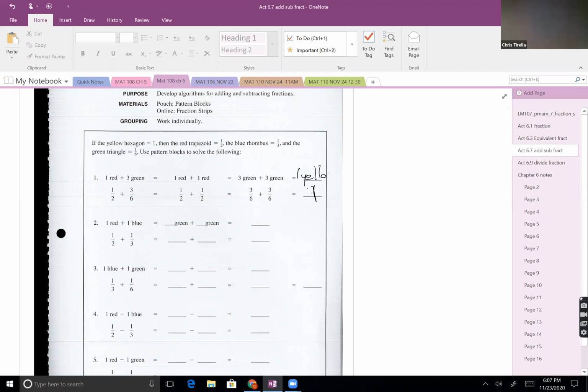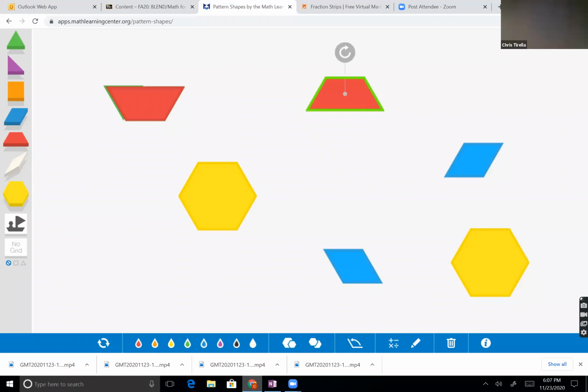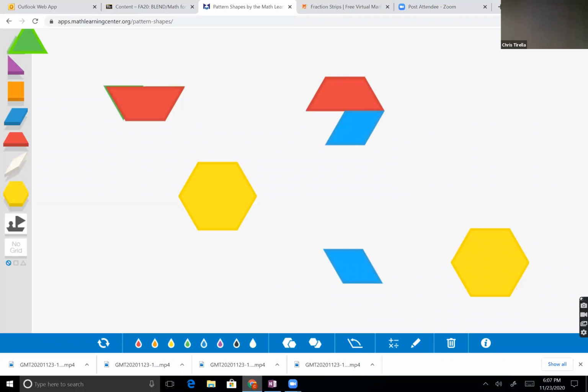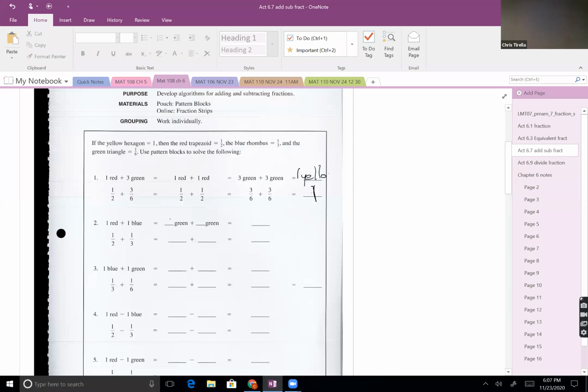And so if we're taking 1 red and adding to it 1 blue, well, then they're saying, okay, 1 red is equal to how many greens? Oh, and I think down here we have it that 1 red is 3 green. And that would be 3, 6.